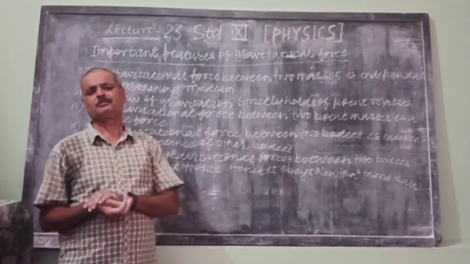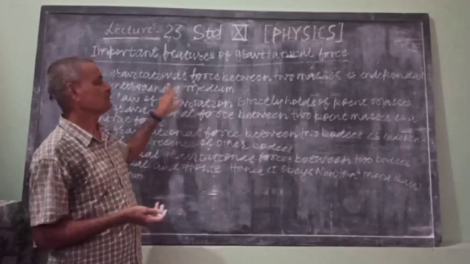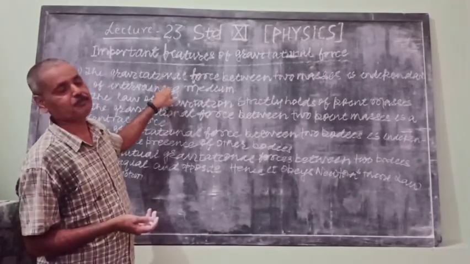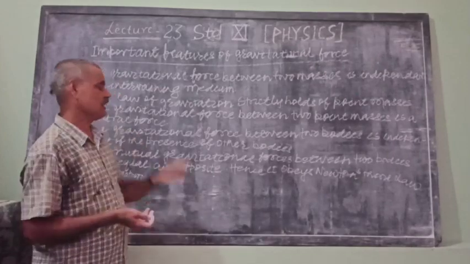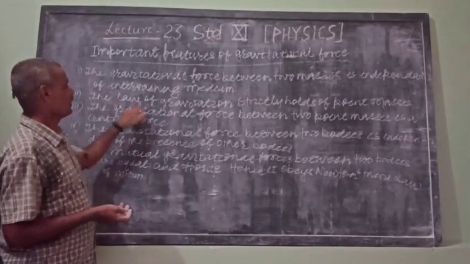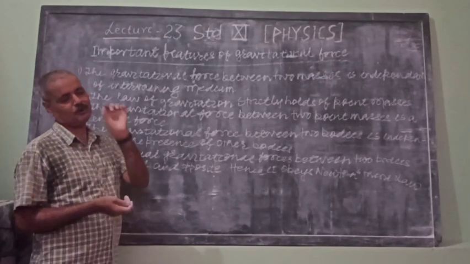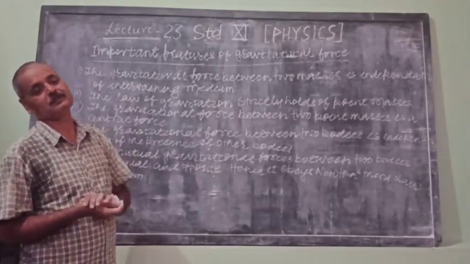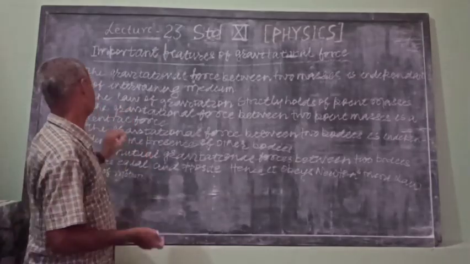It means there is no impact of the intervening medium. Second, the law of gravitation strictly holds for point masses. We always consider point mass.